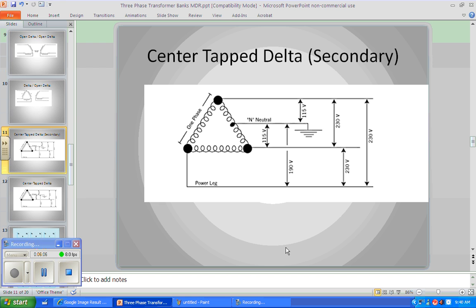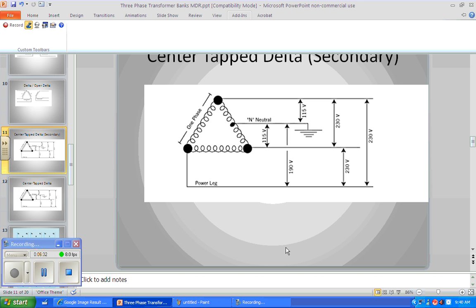So we need a little bit of single phase 120 volt power, and one of the ways we can get that without buying new transformers, which is a very important factor, is to center tap one of the delta output windings. This is a center tap delta secondary winding where we have 230 volts across each individual winding. So we have 230 volts across each one of these windings.